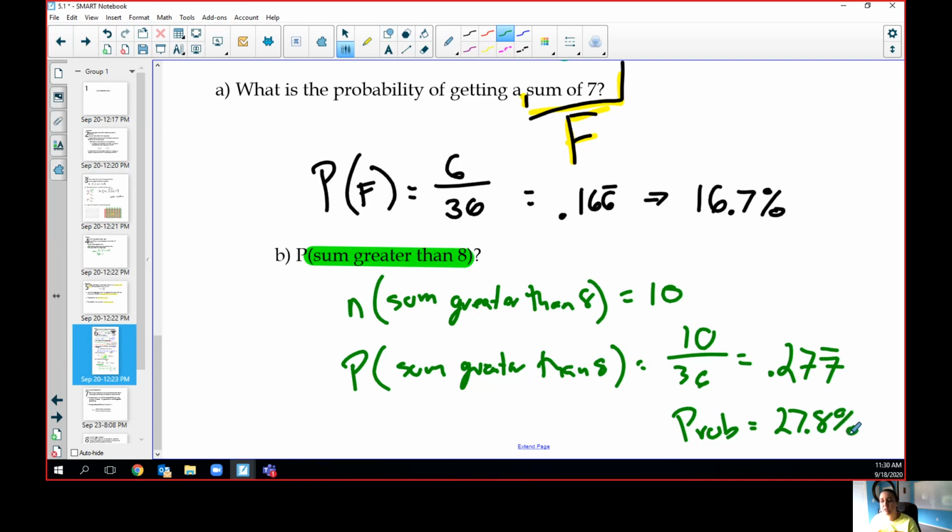So 27.8% of the time, we will roll a sum greater than 8.